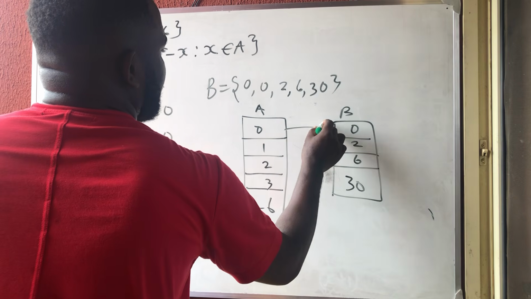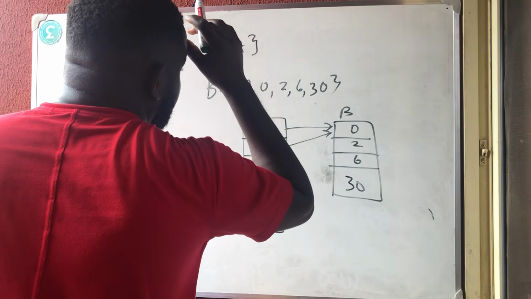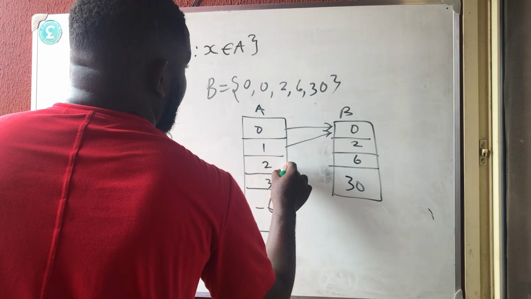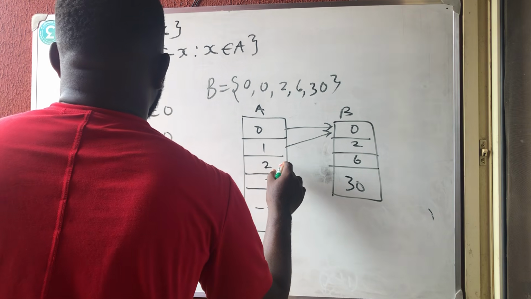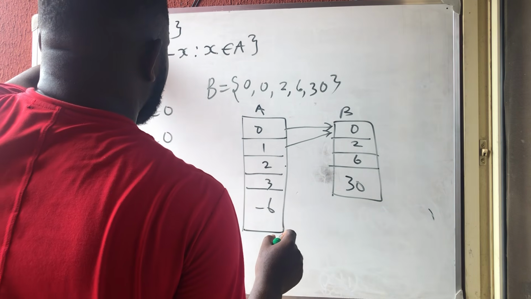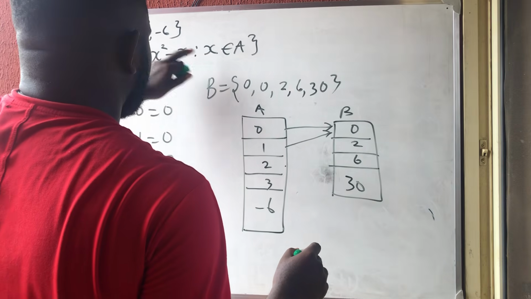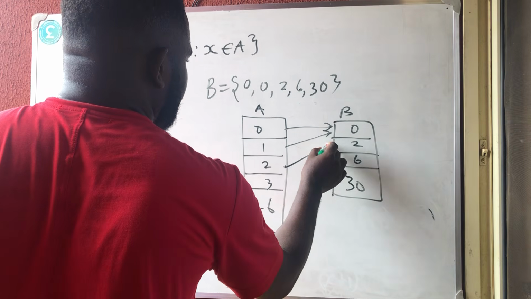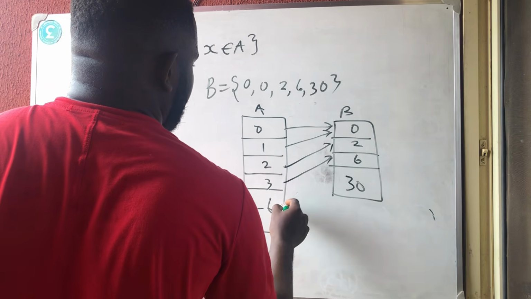So I'm having that 0 produces 0, and 1 produces 0 as well. Now 2 produces this. 2 equally produced 2, and 3 produces 6, and this produces it.